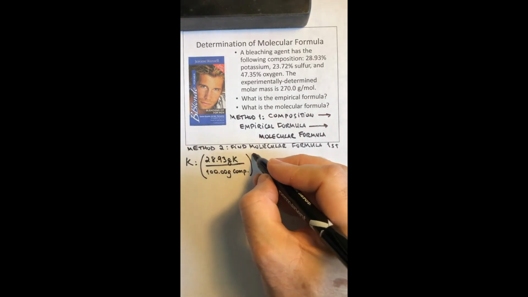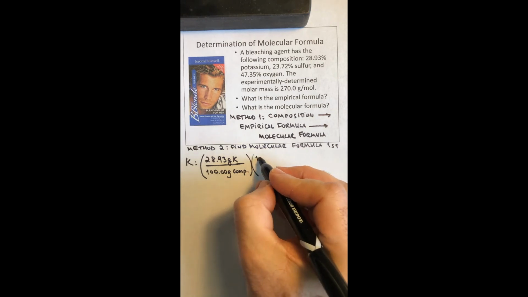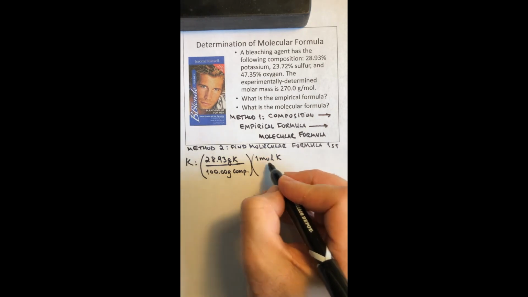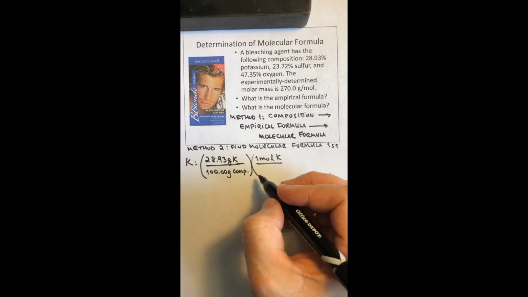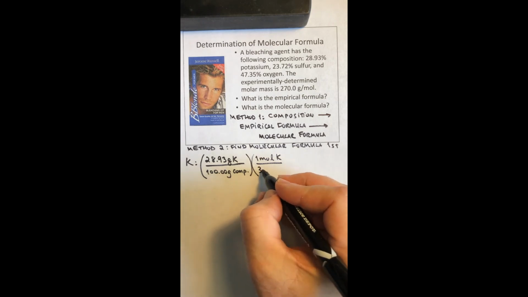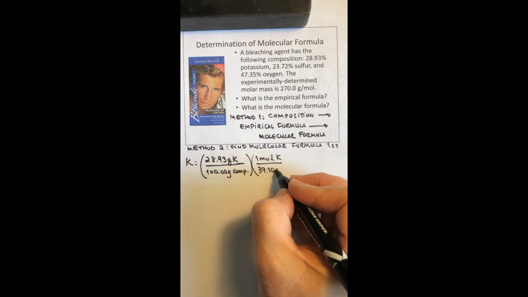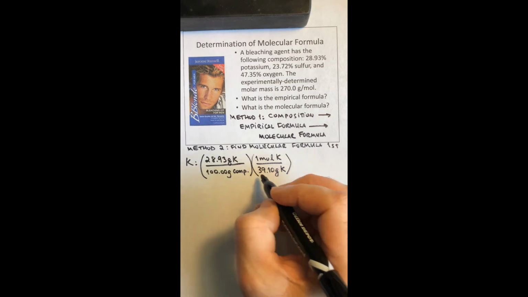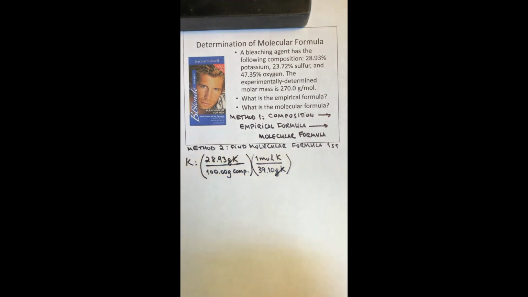Well, here's what I'm interested in. I want to know how many moles of potassium are in 1 mole of compound, because that's what the molecular formula is. So let's go ahead and say that 1 mole of K is, periodic table, 39.10 grams of K. So this step tells me how many moles of potassium are in 100 grams of compound.